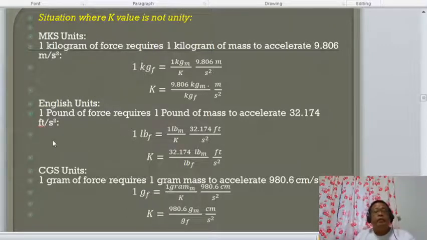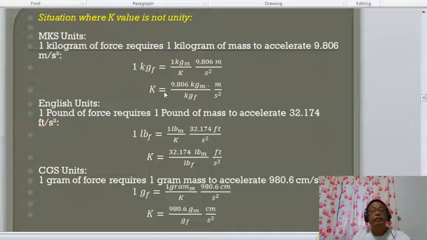So, in order to develop a force of 1 pound, it is required to accelerate 1 pound mass to an acceleration of 32.174 feet per second square. So that is the required acceleration in order to develop a force of 1 pound force.